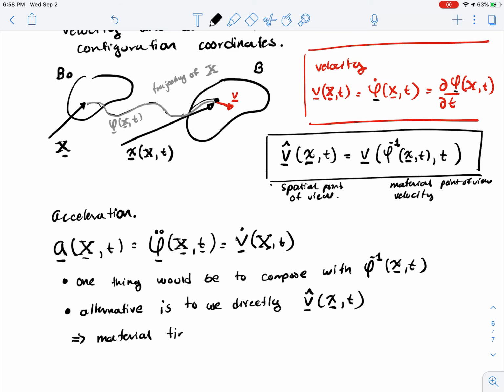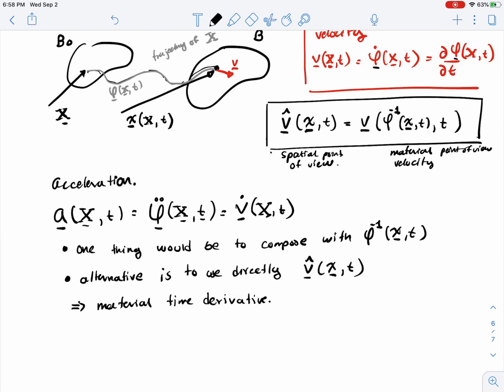And what does that is called the material time derivative. It's a special type of derivative. The thing that I cannot do is, the acceleration is not the partial derivative of this v with respect to time.